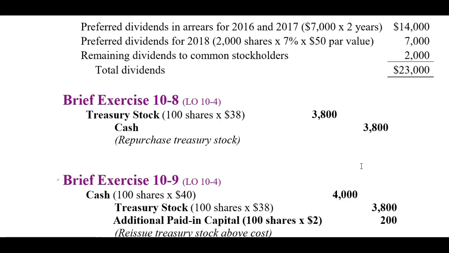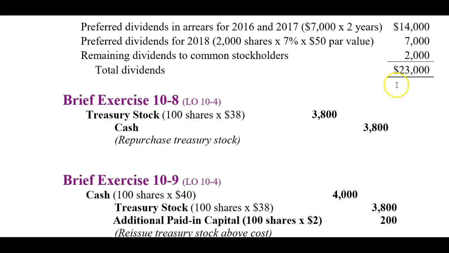We don't use it in the treasury stock entries. So whatever we pay for the treasury stock, we record that into this new account called treasury stock, and our cost, 100 shares, $38 per share, is $3,800, and of course we paid cash for that, so that's the credit. So debit treasury stock and credit cash for the amount that you paid for the treasury stock.